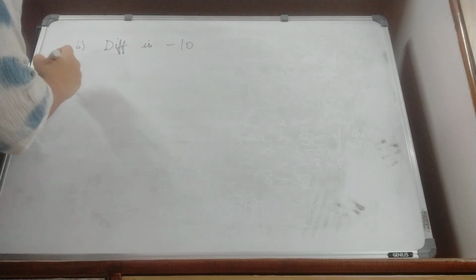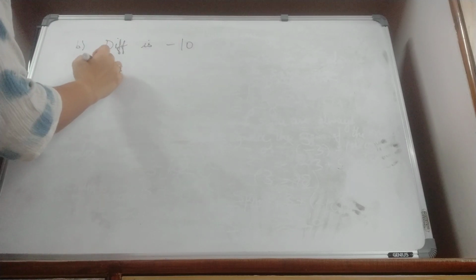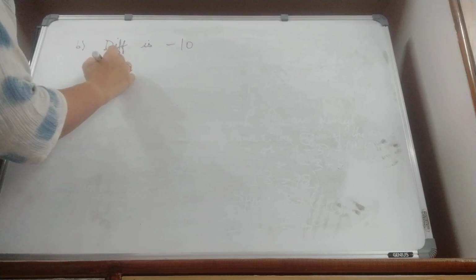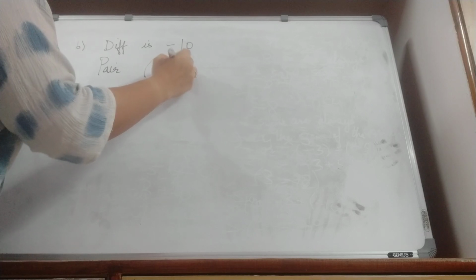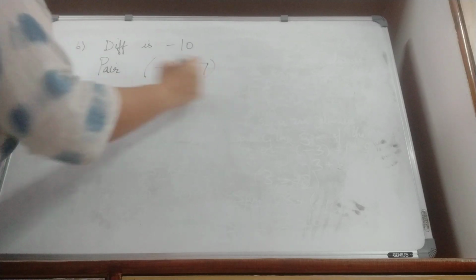Alright, now the B part is, difference is minus 10. Difference is minus 10, yes. Now, again, let's see. Supposing I say the pair, I want the difference to be minus 10. So supposing I say, okay, let me take minus 3 and minus 7.